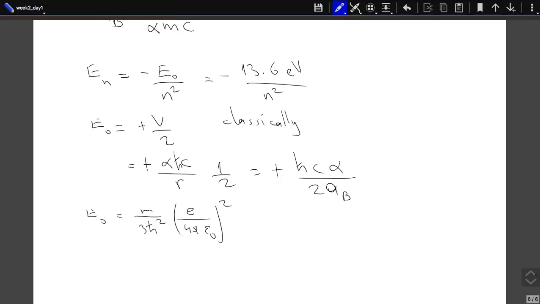Let's just compare. Now, our guess was h bar c alpha over 2, while the Bohr radius was h bar over m alpha c. So this is h bar. Now the h bars just cancel, right? m c squared alpha squared over 2, right? Yes.